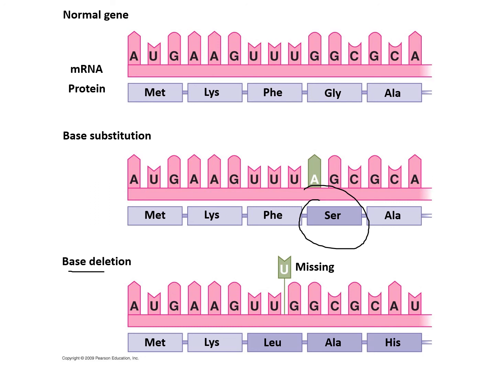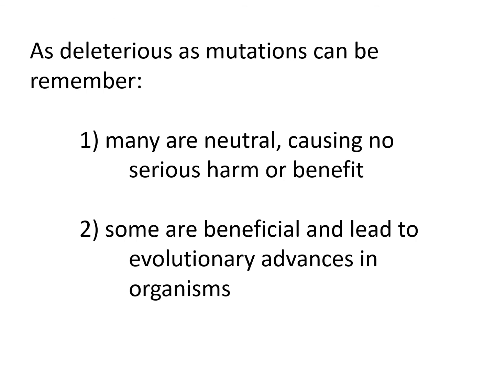So a substitution is going to change one amino acid. A deletion or addition is going to be a frame shift mutation. And that's going to change every single amino acid after that because it's going to be changing the way that it's read. So I hope that's clear.